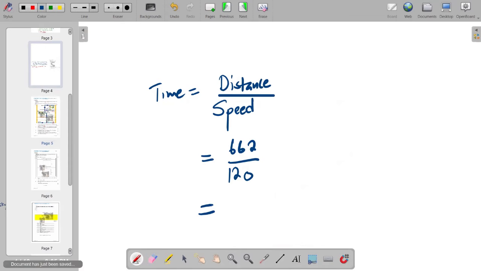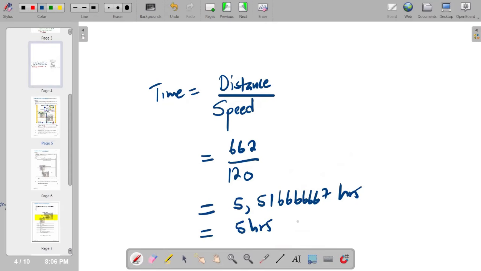So you see that we are going to get your answer is 5.51, and then we have got of course 66. But of course from that point we can see that if we break it down, it becomes equal to, of course, this is hours, becomes equal to 5 hours plus, and then we take the fraction part whereby it becomes 0.5116.